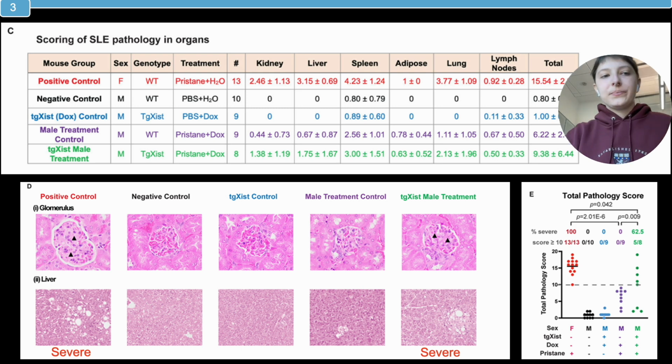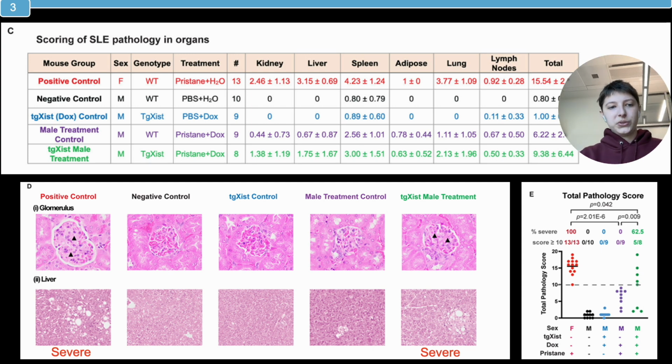Okay, so after these 16 weeks of treatment, they did sort of pathology scoring based off of histologies, I think. And so they counted up sort of damage for each of the group's organs, and they gave each organ group this damage scale number, and they added them all up.